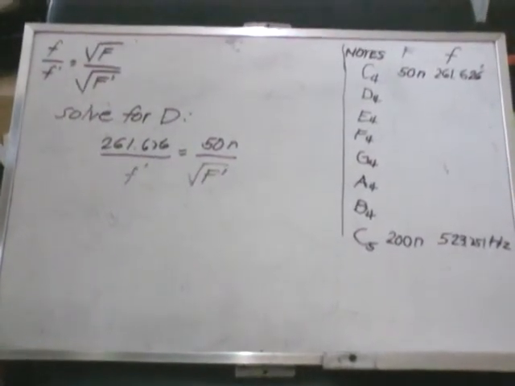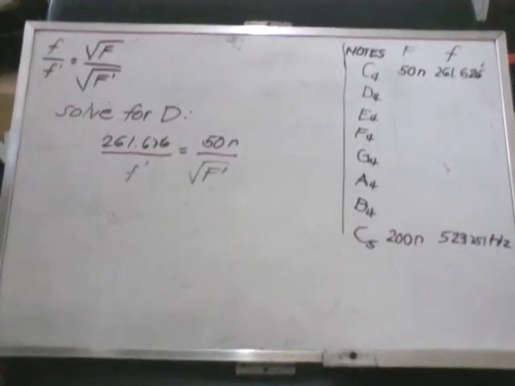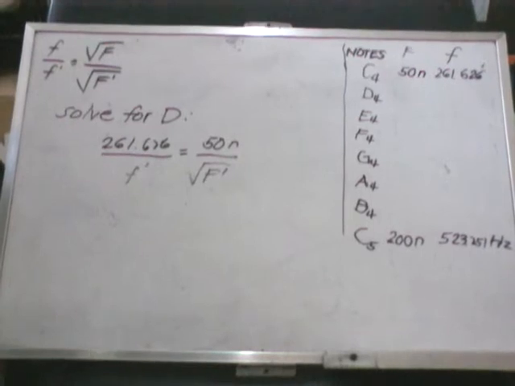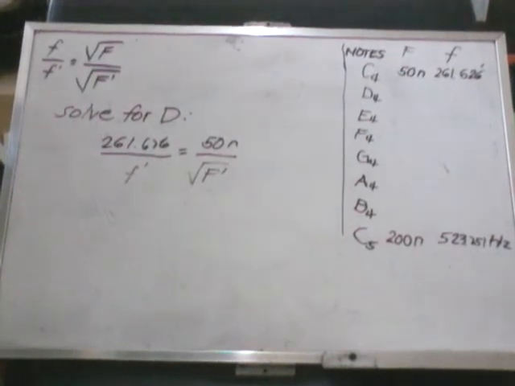However, we need 3 data, right? So what do we do? We go to google.com and type frequency of, say for example, note D, and then it will show to be around 293.665 Hertz.